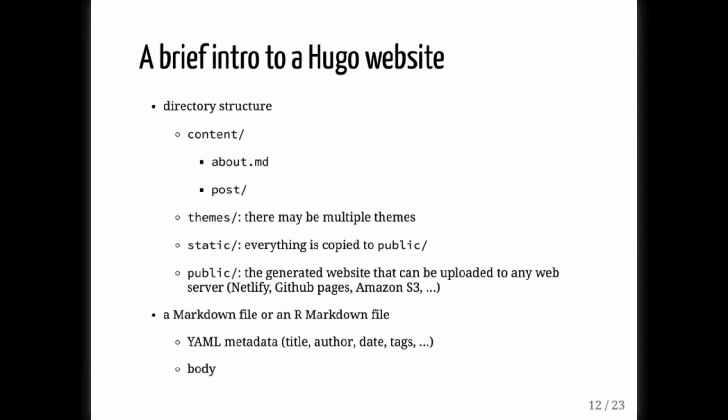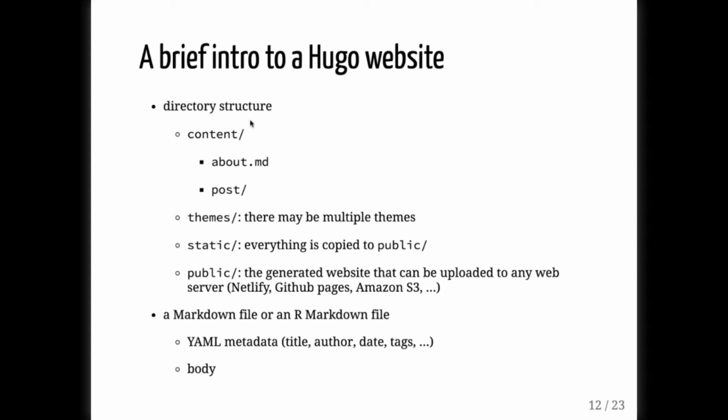So before I show you a real website, let me just give you a quick overview of the structure of a typical Hugo website. Typically a Hugo website consists of a config file and then a couple of folders.